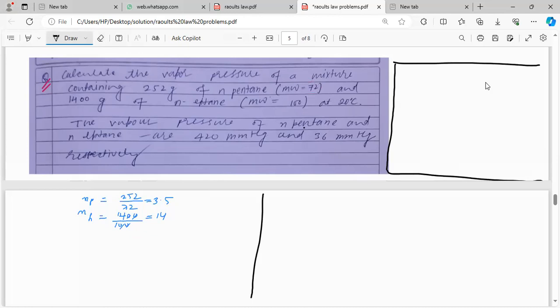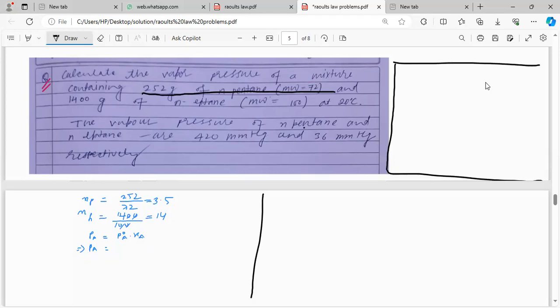What is the vapor pressure? What they are asking is the vapor pressure of the mixture. 252 divided by 72. Sir, they are telling to find the vapor pressure and then they are saying it is already given. So you have to find PA or P naught A. Calculate the vapor pressure of the mixture containing 252 grams of pentane and 1400 grams of heptane.